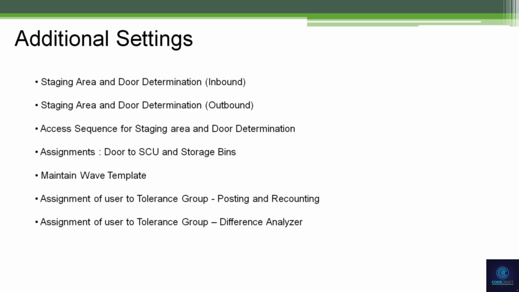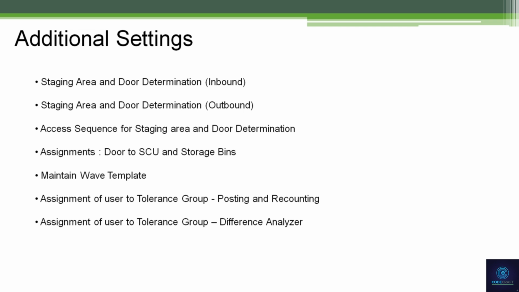We are going to assign storage bins to the door. We are going to create wave templates. Wave template is also a master data. For testing wave management functionality, we will create a wave template with all the time attributes so that we are able to test a particular process with waves.